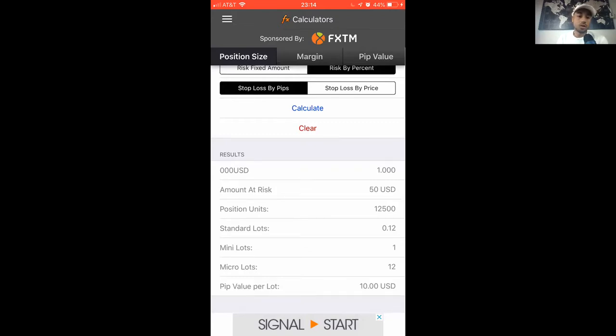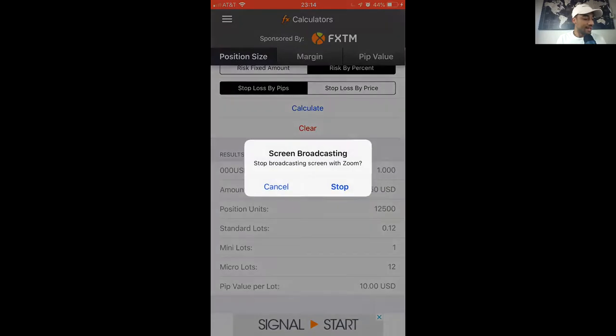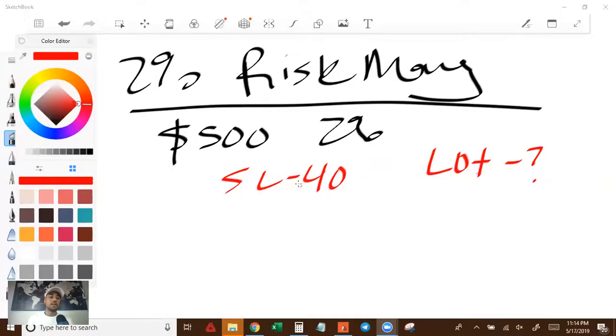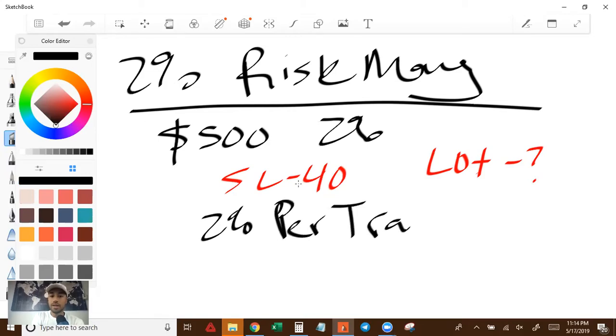So that is that when it comes to risk management for one specific trade. But here's the thing. What I would highly suggest when it comes to risk management is: you do 2% per trade.